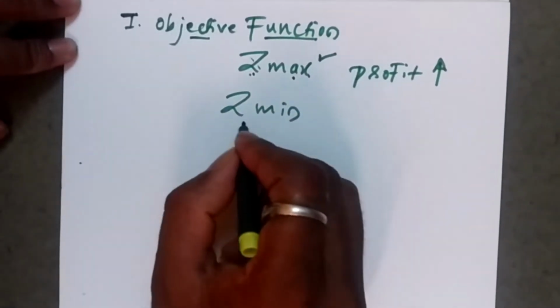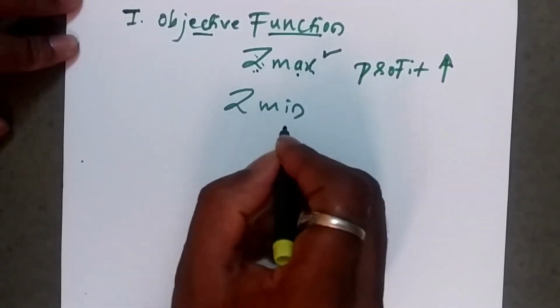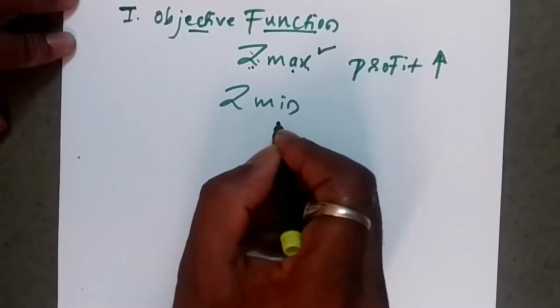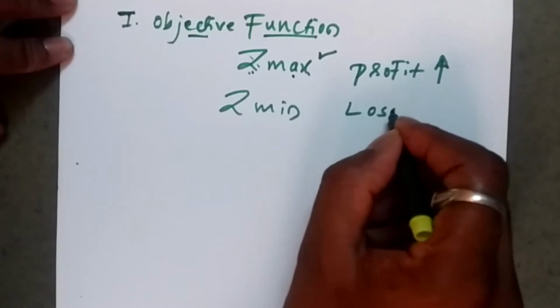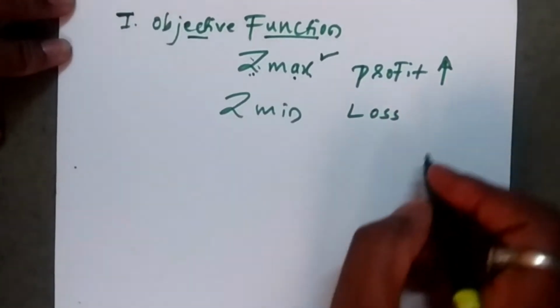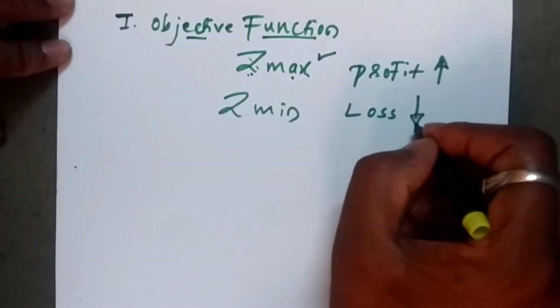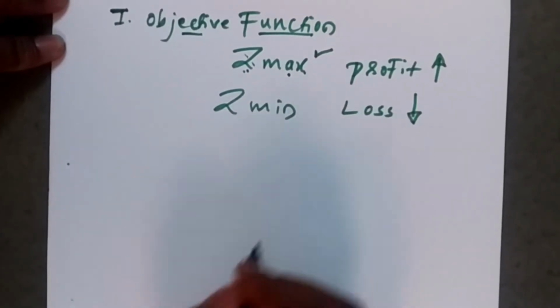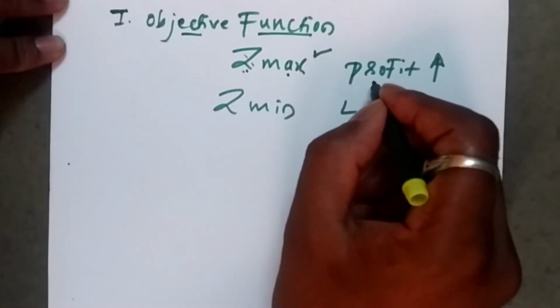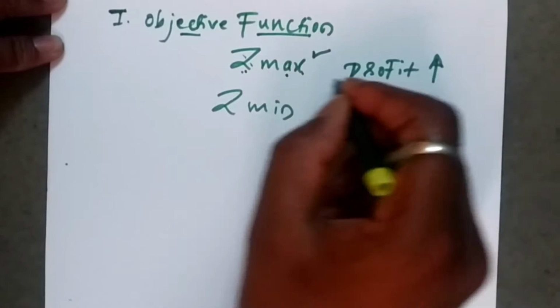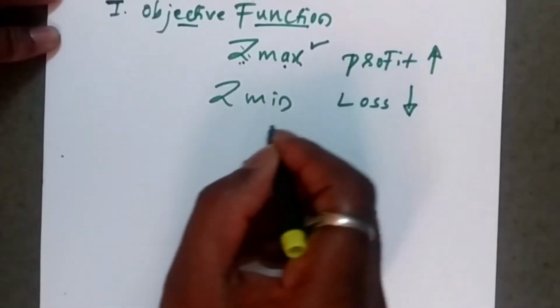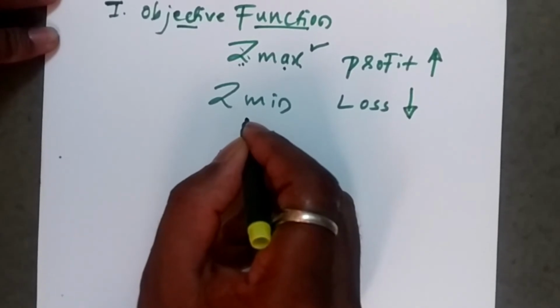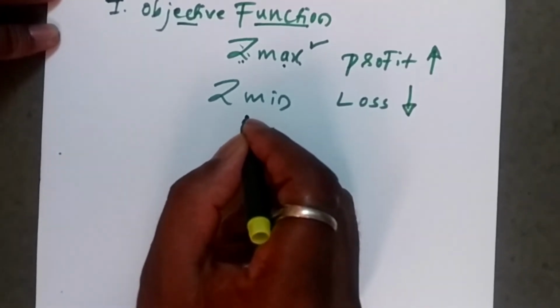The second objective function is Z minimum, minimize Z. In those cases it talks about losses. And every company wants the losses to be as low as possible. In a nutshell, if the problem is about increasing the profit, go for Z max. If the problem is about minimizing the losses, go ahead with the objective function as Z minimum. So this is our objective function.